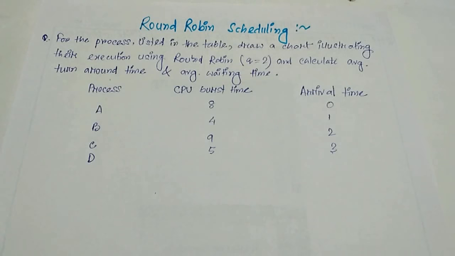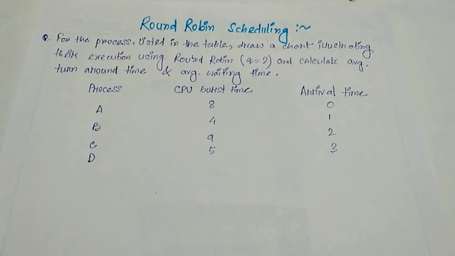Round robin scheduling is one of the most widely used preemptive scheduling algorithms, which considers all the processes as equally important and treats them in a fair manner. Each process in the ready queue gets a fixed amount of CPU time, known as the time slice or time quantum, for its execution.